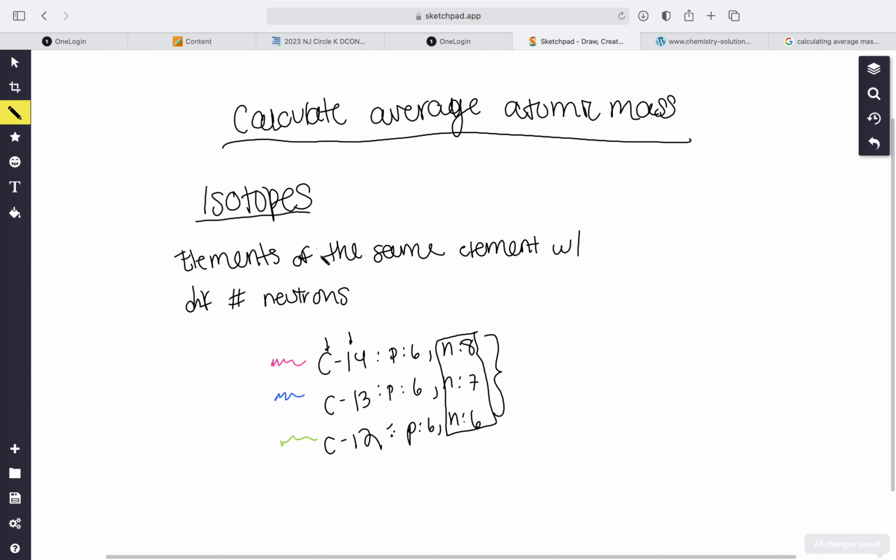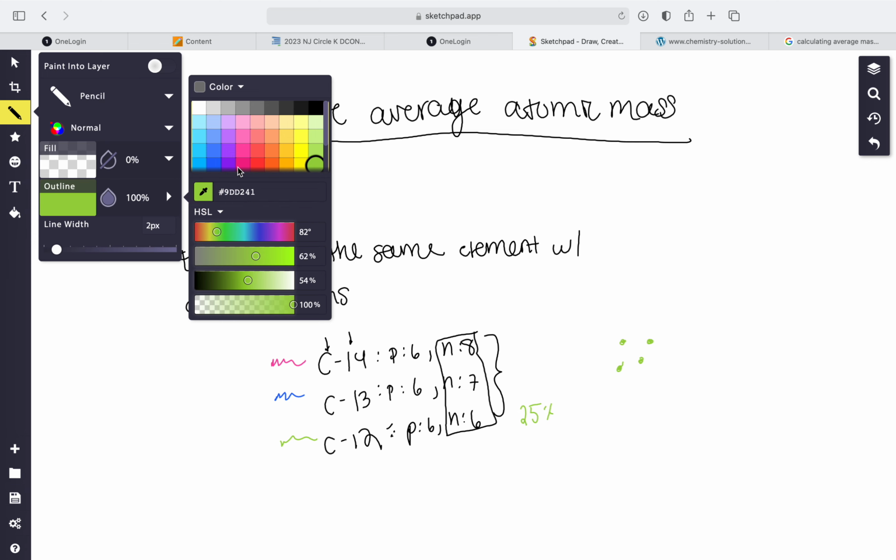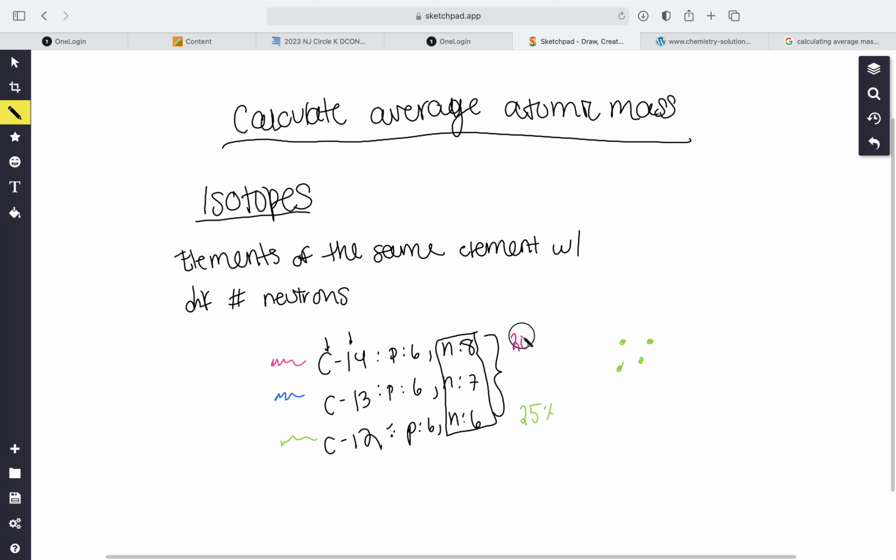Let's say we have about 25% of carbon 12, so we'll make it look like 25. Then here we have carbon 14, and we'll say there's another 25% of that. These aren't the real numbers, I'm just doing this for reference. So we have 4 and 4.